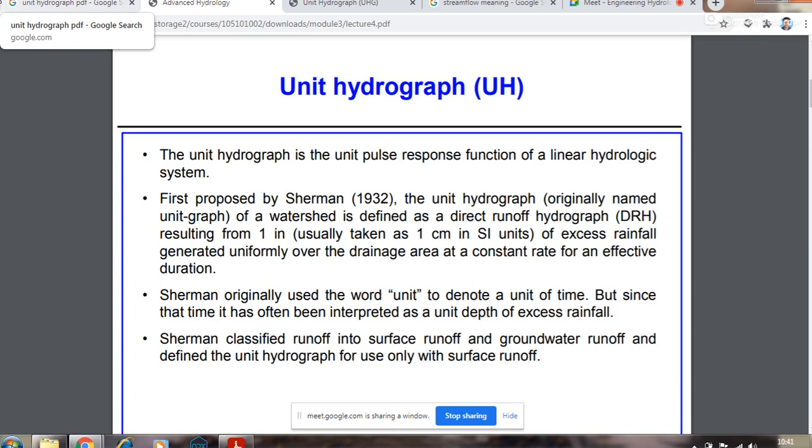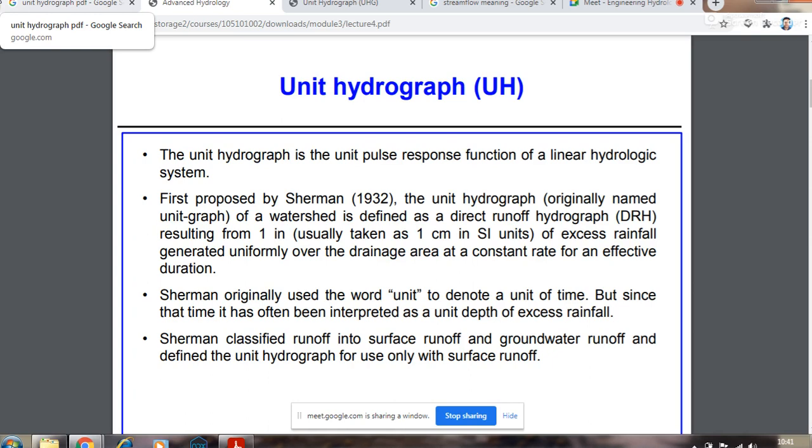So it was first proposed by Sherman, okay, 1932. The unit hydrograph was originally named unit graph. Okay, so first of all it was named the unit graph, it wasn't unit hydrograph.